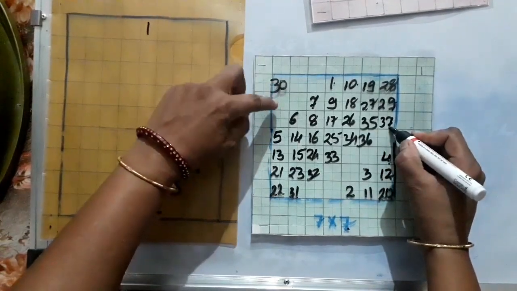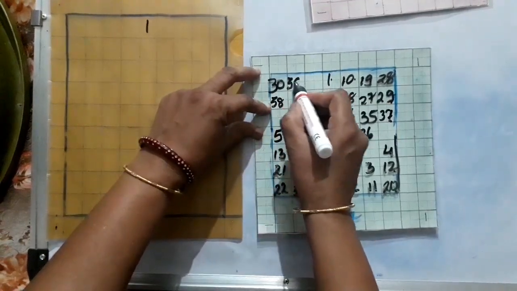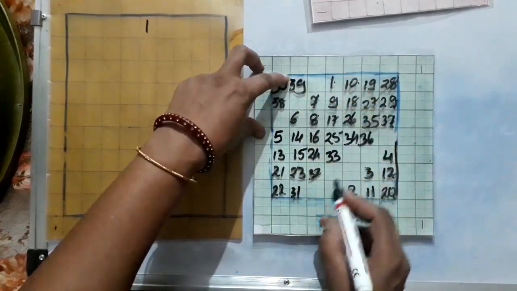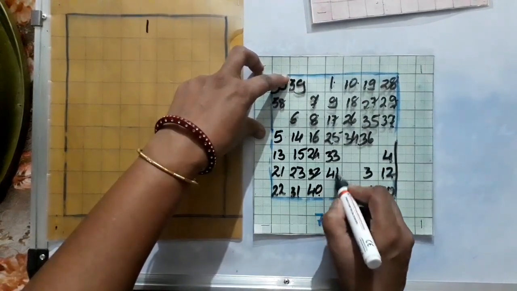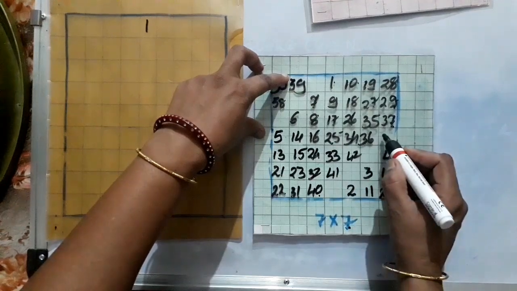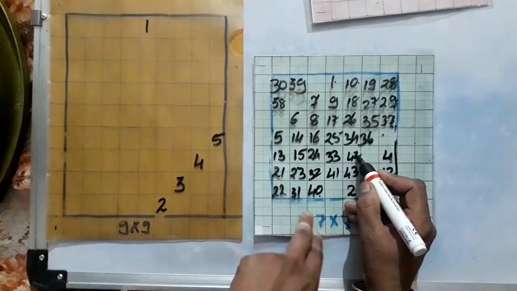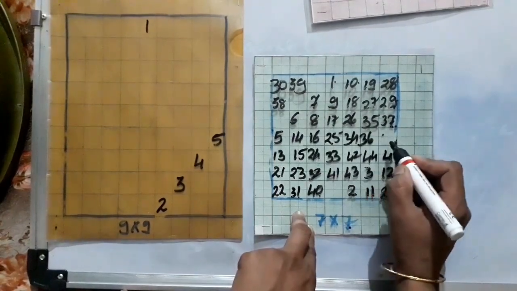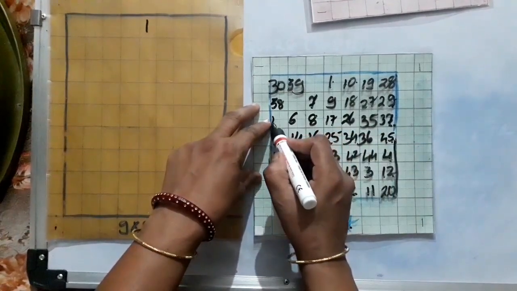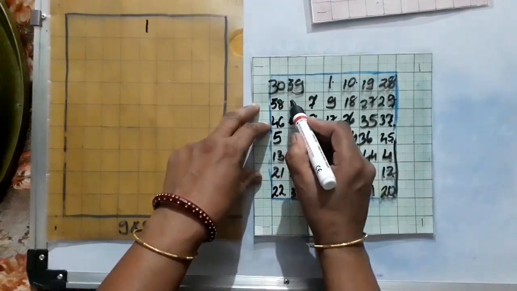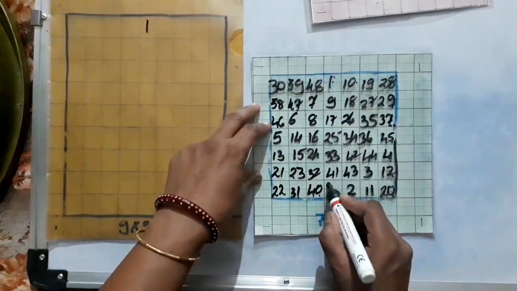Now 37 is here, so 38 I need to write here, 38, 39 and now 39 is here, so 40 should be here, 40, 41, 42, no space here, so 43. Then move diagonal 44, 45, 45 is here, so 46 I need to write here, 47, 48 and now 49.